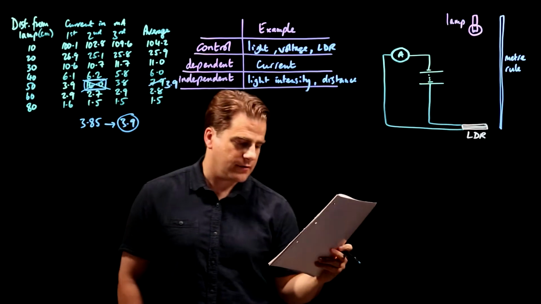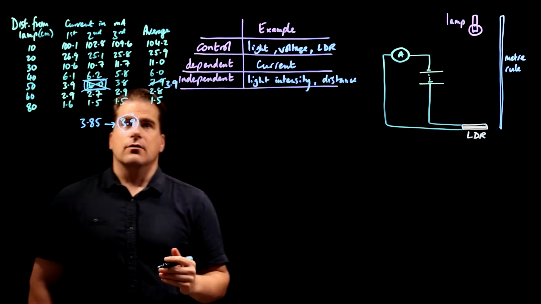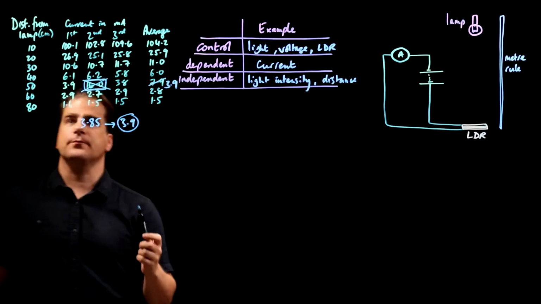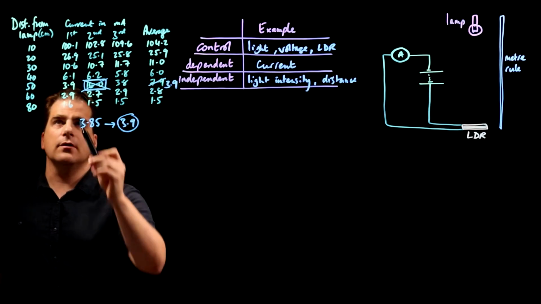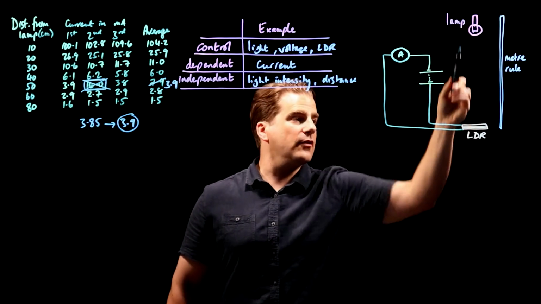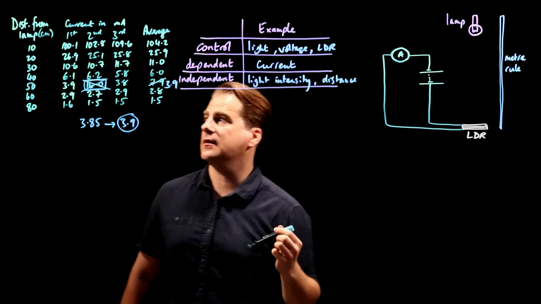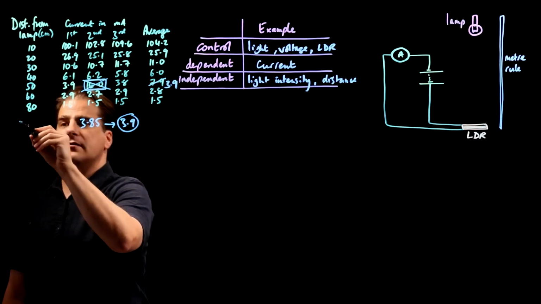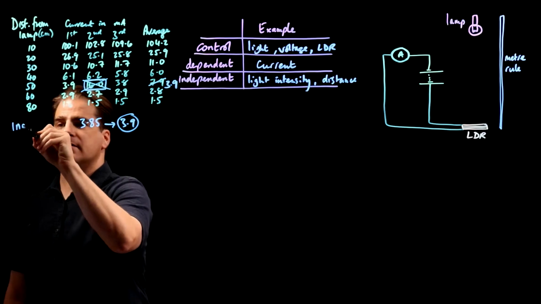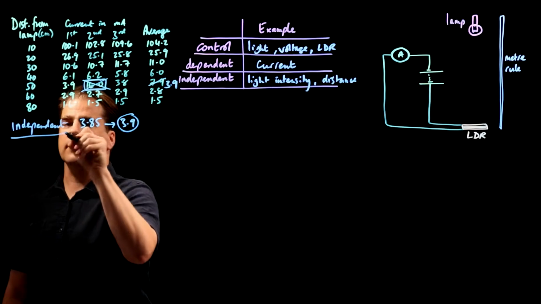Right, plot the graph, 4 marks. Okay, so we're changing the distance of the lamp from the LDR and thereby changing the intensity of light on the LDR. So that is our independent variable, okay?